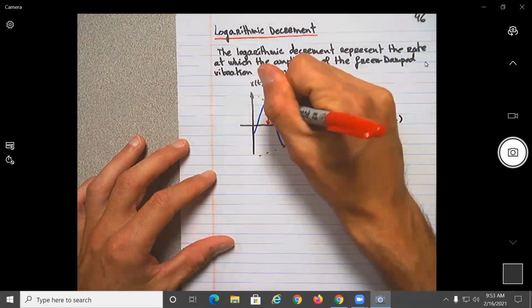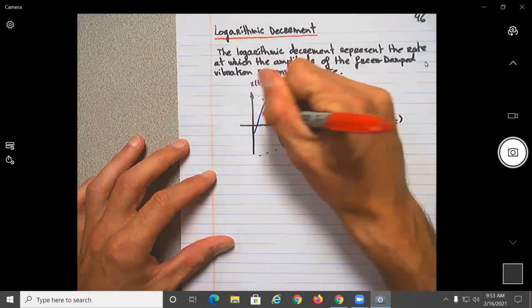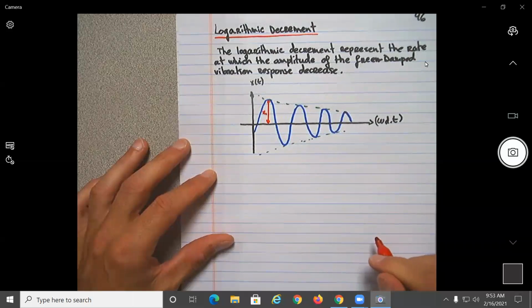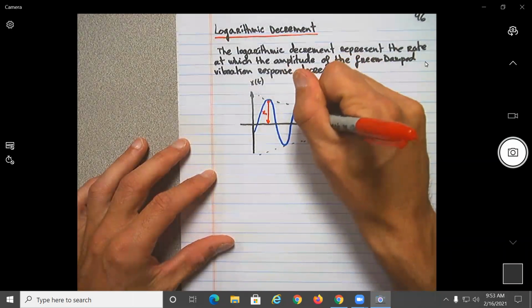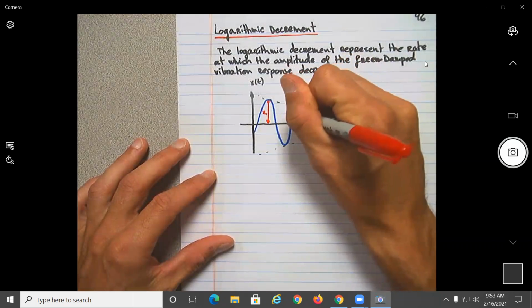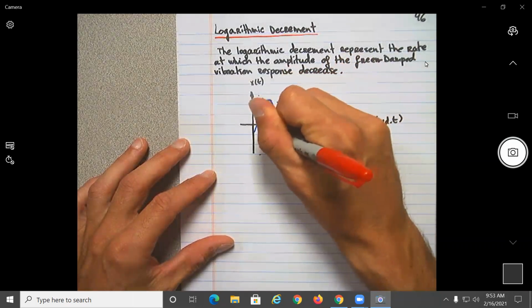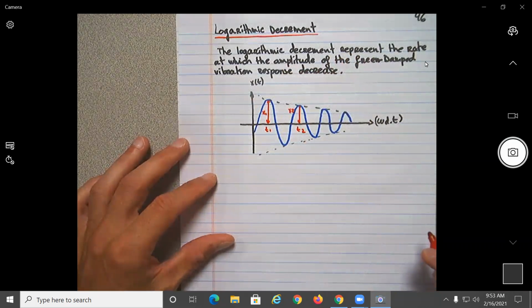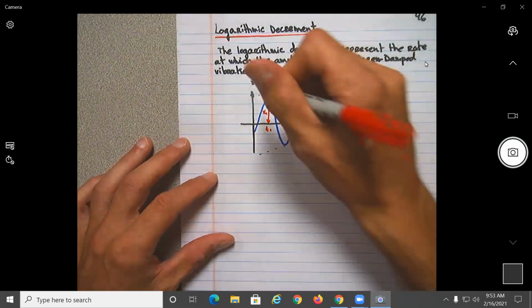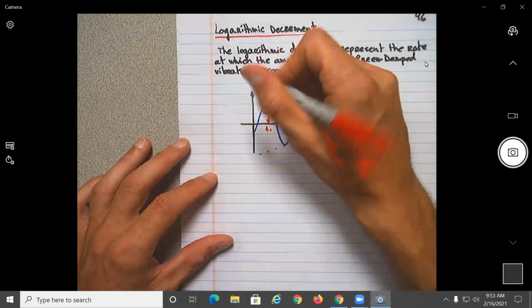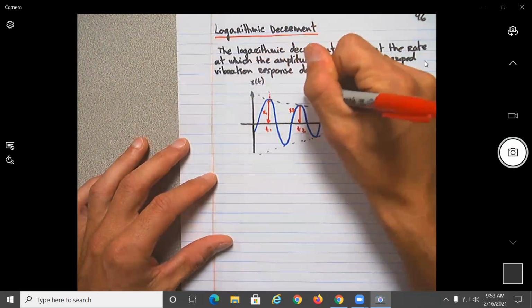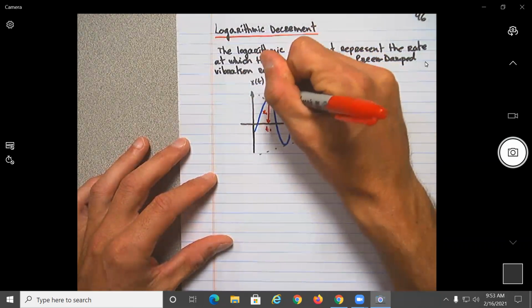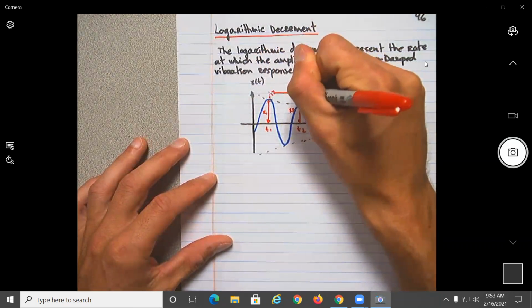So here, this will be the amplitude at this time step, x1. It will be the amplitude at this time step, x2. So it will be t1, t2. So this will be the period.